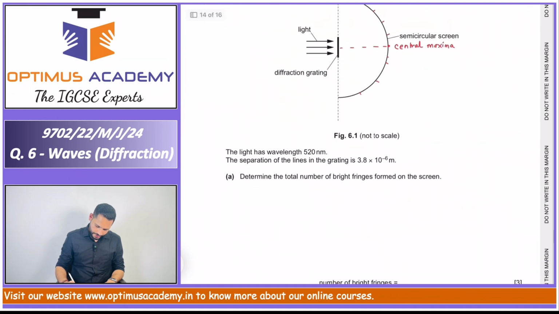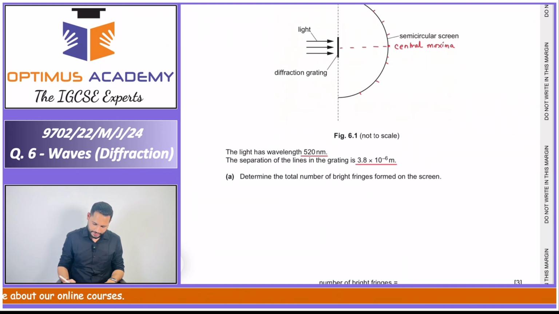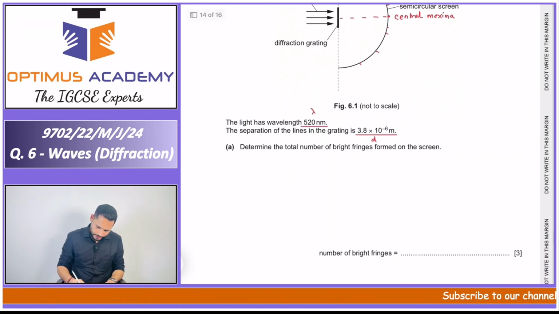The question says the light has wavelength of 520 nanometer. The separation of the lines in the grating is 3.8 into 10 raised to minus 6 meter. So we have got wavelength, and we have got the separation of the grating, that is d. Determine the total number of bright fringes formed on the screen.